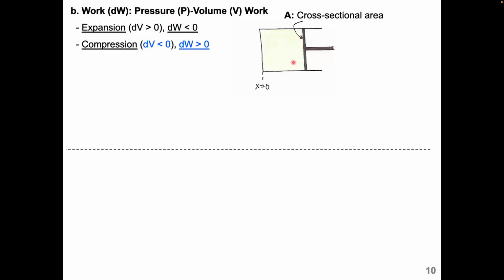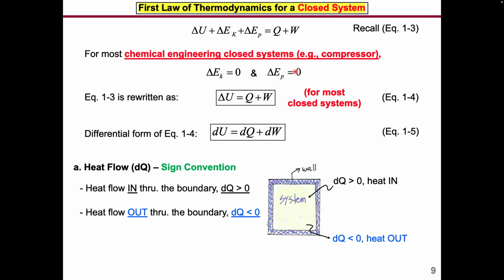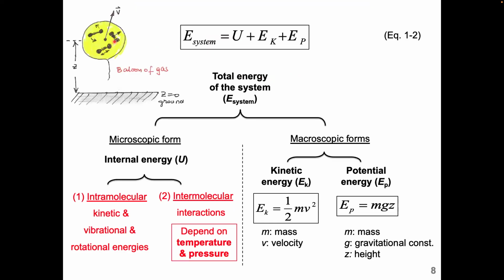The way you can think about this is that we are talking about the internal energy of the system. When we are expanding, if you go back to this example, the distance between molecules will be increasing. If they are increasing in distance, then the intermolecular interaction is going to drop, and when this interaction is dropping, your internal energy is dropping.